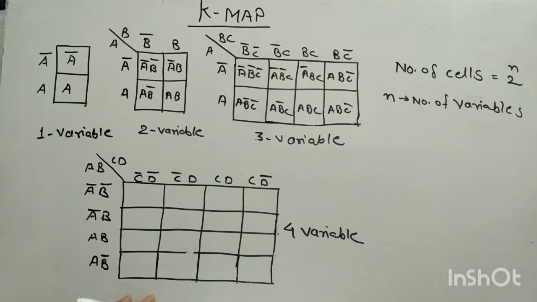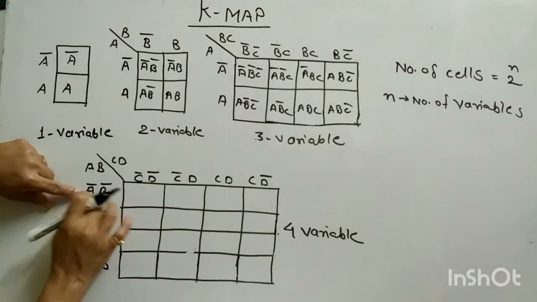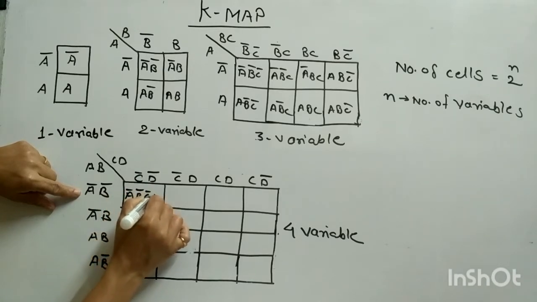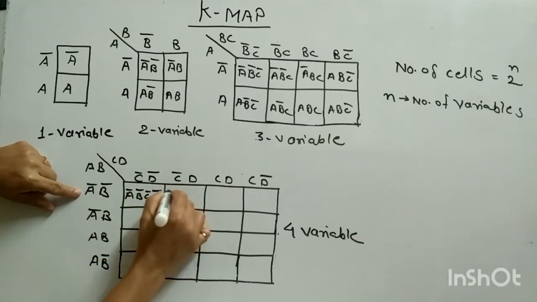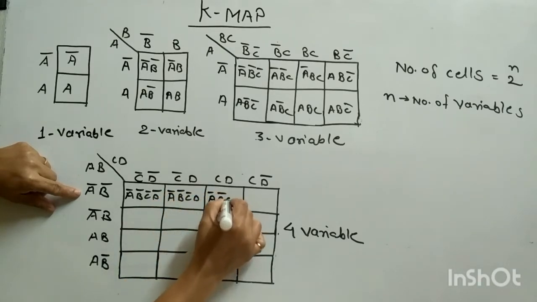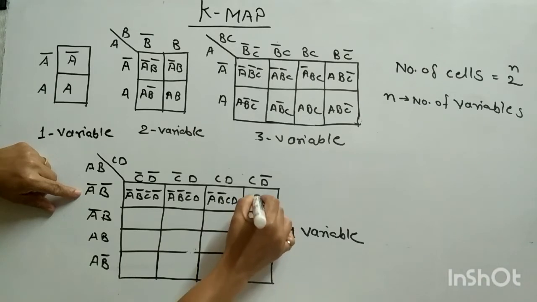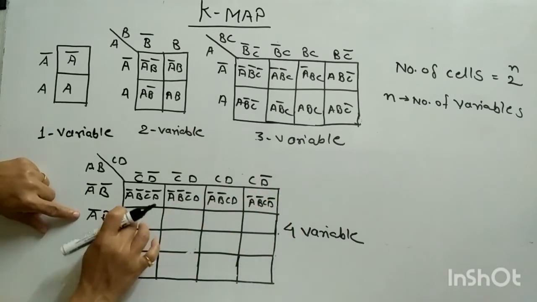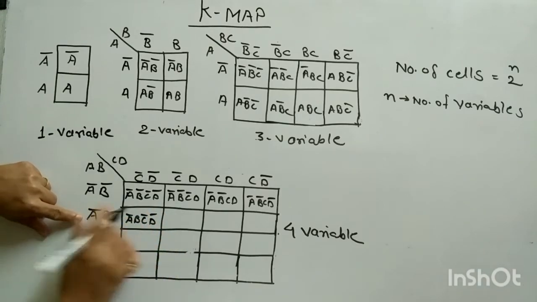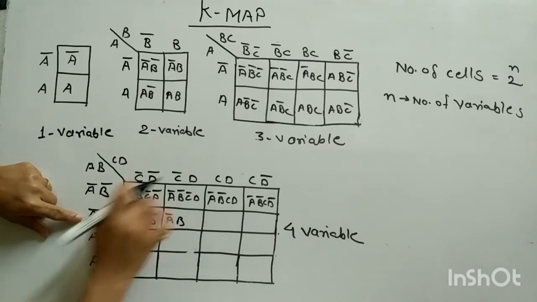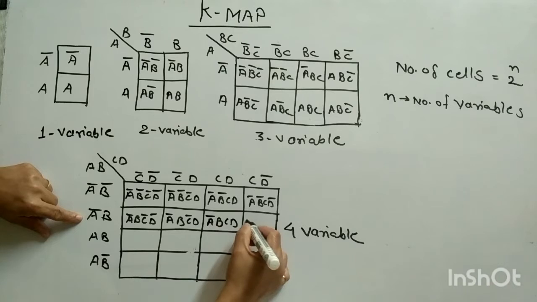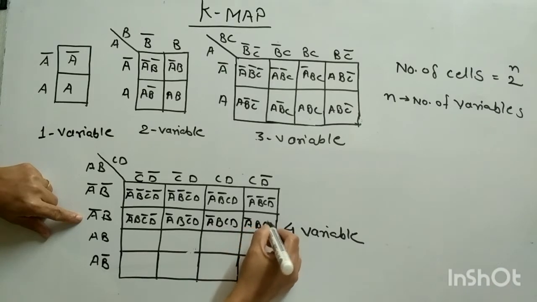Now we'll write for 4 variables. For the first row, A bar B bar with C bar D bar: A bar B bar C bar D bar, A bar B bar C bar D, A bar B bar C D, A bar B bar C D bar. For the second row it is A bar B C bar D bar, then A bar B C bar D, A bar B C D, and A bar B C D bar.